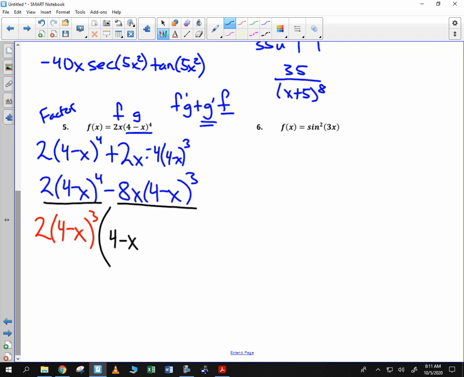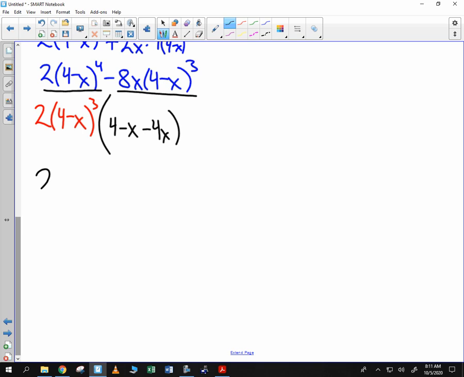When you take that out of here, you're left with negative 4x. And so you can see the factored result. 2 times 4 minus x cubed times 4 minus 5x.